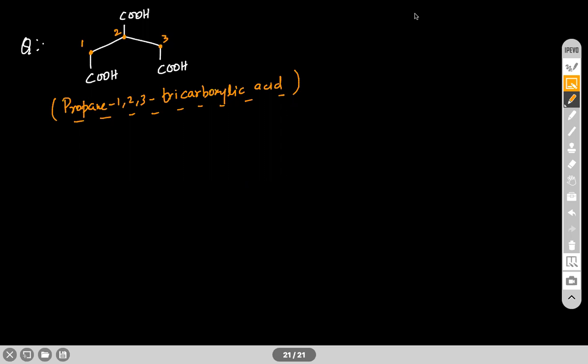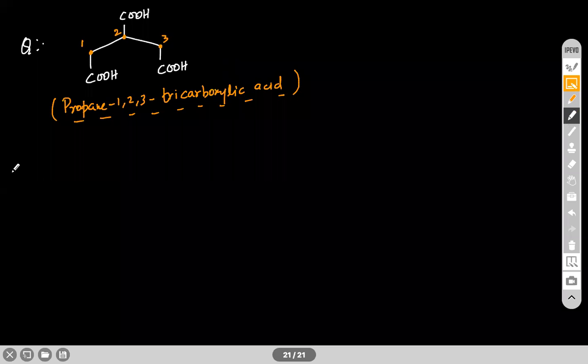See, what is the rule I gave you just now? The rule is, more than 2 carbon containing functional groups directly attached to the chain, then we consider the alkane as the parent chain. This is the parent chain. We do not consider these groups in the parent chain of this molecule.